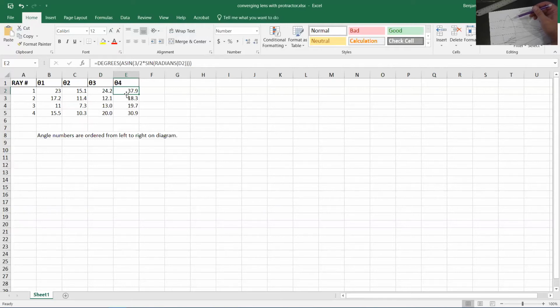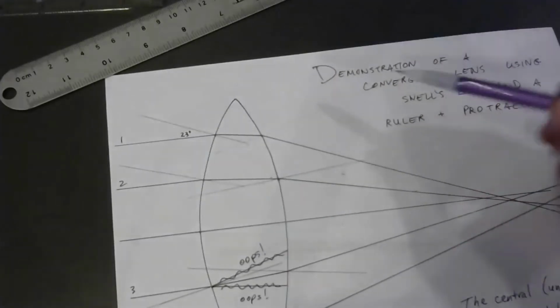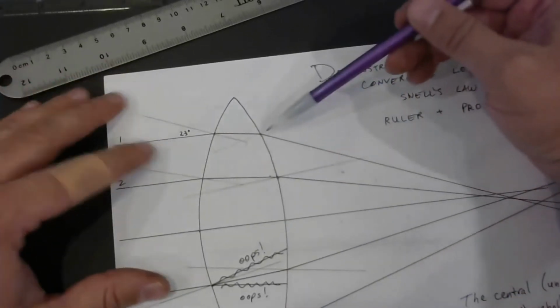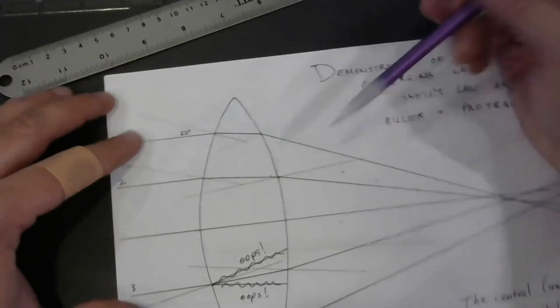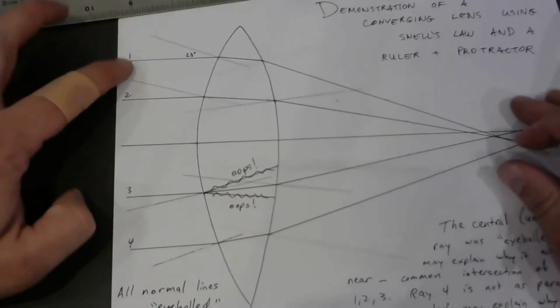Now be careful, the roles of your 2 indices of refraction are reversed for this refraction versus this refraction. So be careful when you're implementing Snell's law. And that 4th angle that comes out of the function, that's the angle that I would draw here. I did that all the way down.